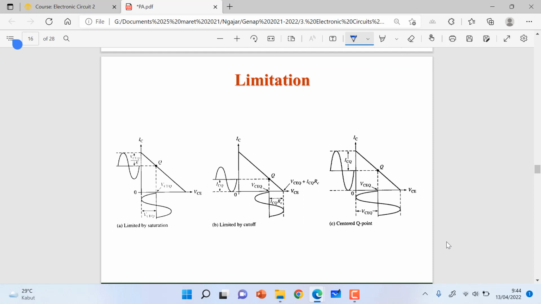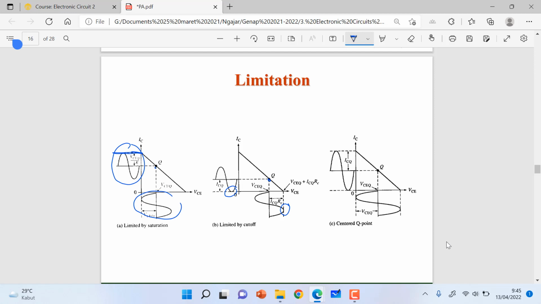For example, if we decide the Q point is too high, the current swing and the voltage swing will be limited by the saturation. So this one is limited because the Q point is too large. And if the Q point is too low, like this one, the current swing and also voltage swing will be limited by the cutoff over there and also over there.